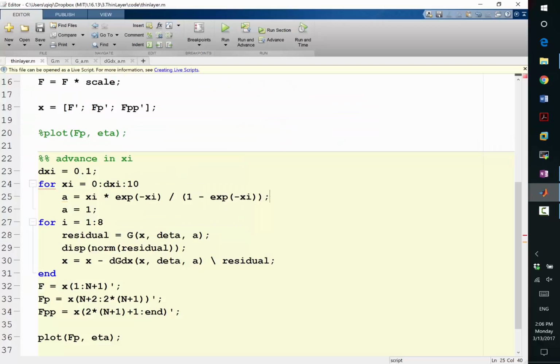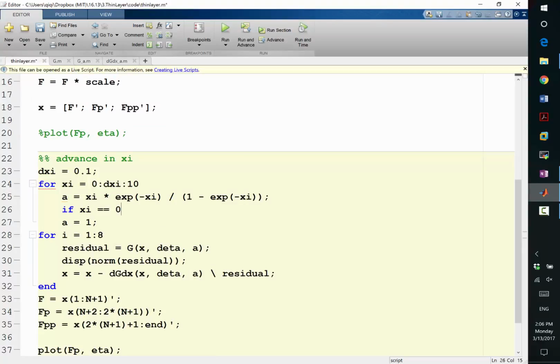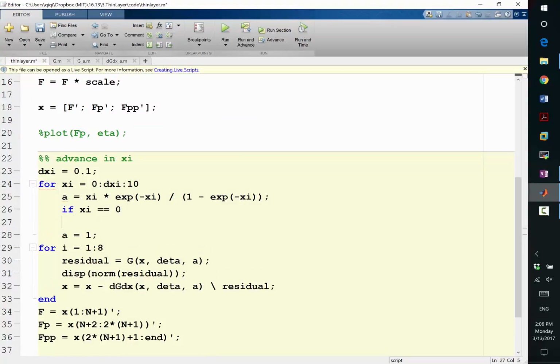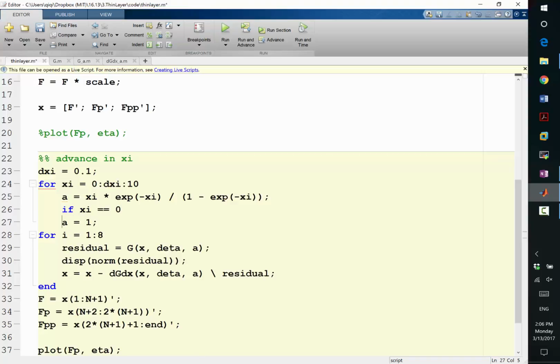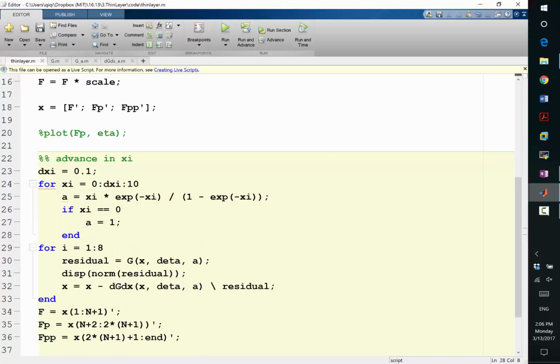So if C is equal to 0, then A is equal to 1. That's a special case we have to handle to avoid the 0 divided by 0.